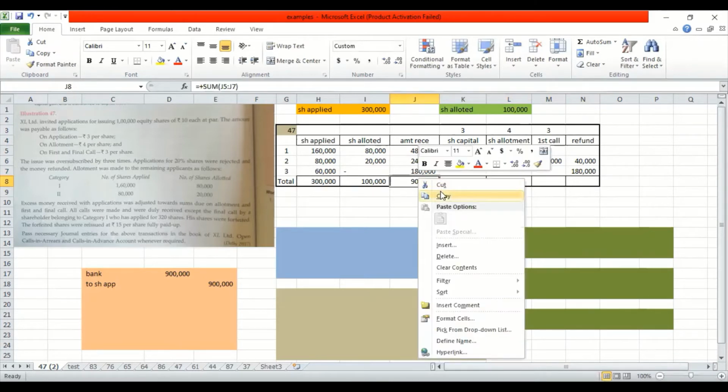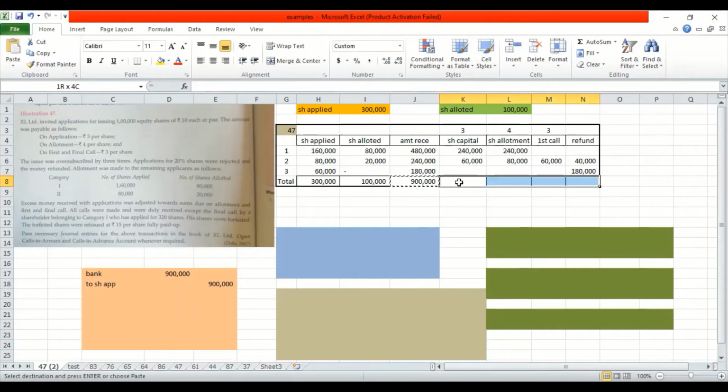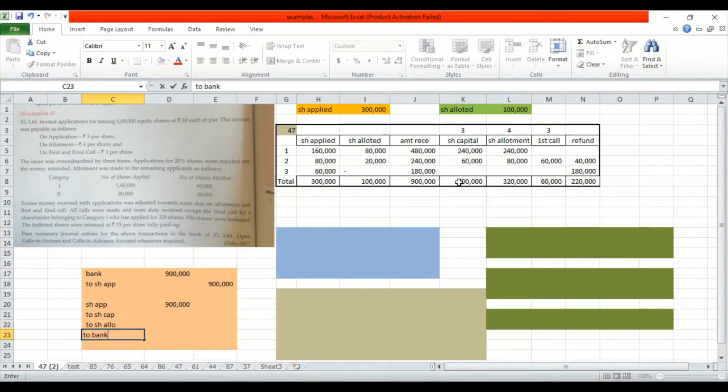So once this is done, we just have to write down the journal entry. Again, what's the journal entry here? Share application, you have to debit 900,000 to share capital, to share allotment, to bank. And from where do I get? From the table itself. Look, all the figures are there, no?